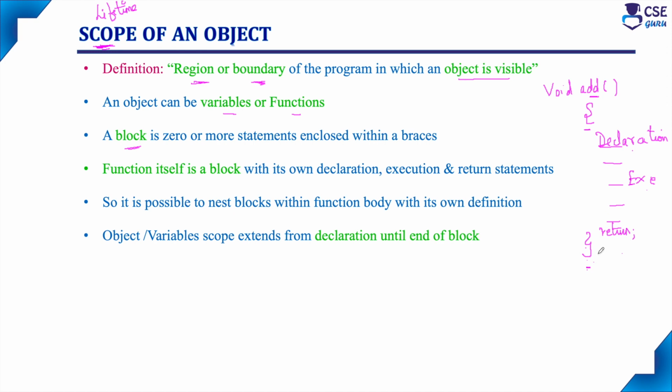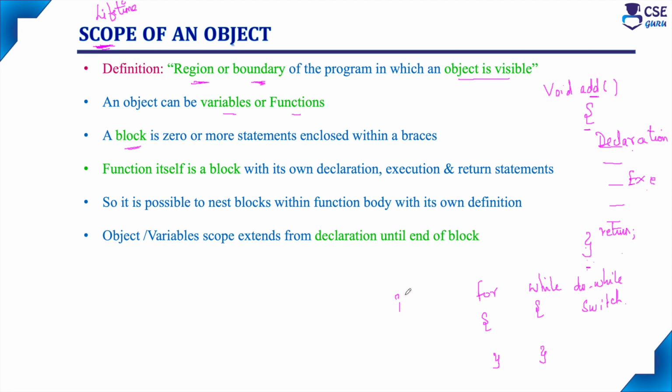Inside the function, it is possible to nest any number of blocks. Apart from the function body, whatever other statements we specify, the for loop we will specify within a block. Similarly, the while loop, do while, and switch statement we will specify within a block.